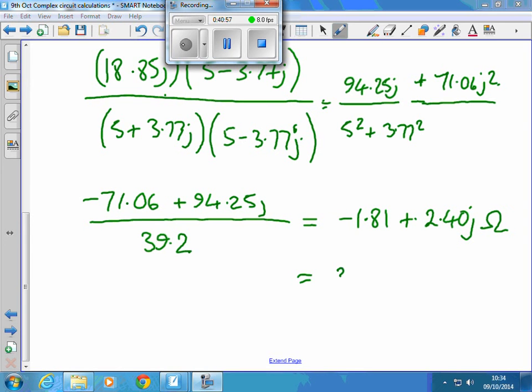Three, angle 127 degrees. Does that look right? Negative real part, positive imaginary part. What quadrant's that in?